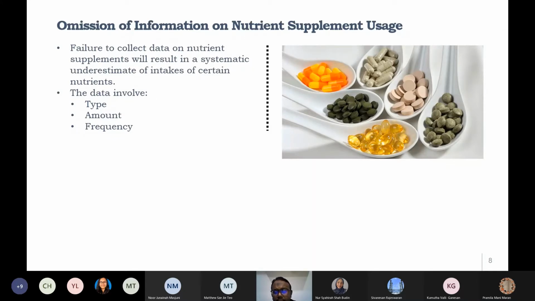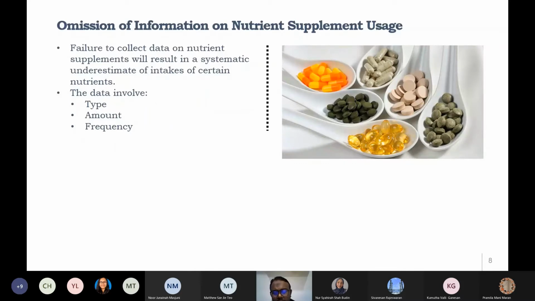Examples that people might consume are vitamin C, B complexes, calcium supplements, fish oil. Okay, so the data involved when you want to record nutrient supplement usage is the type of the supplement, the amount, especially the dosage, and the frequency of intake. So all these are important.